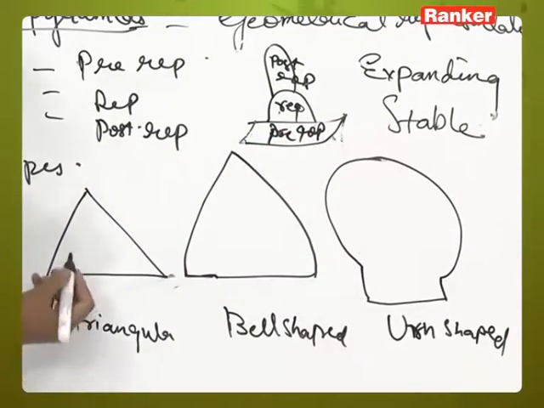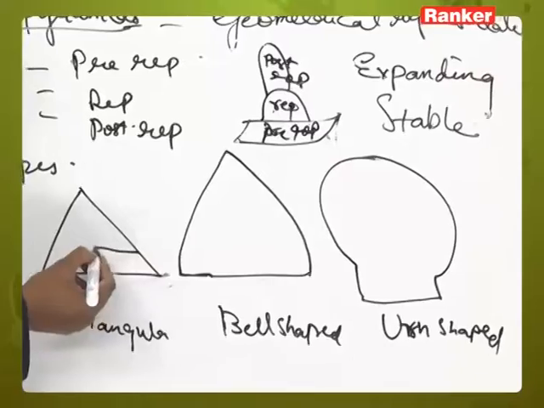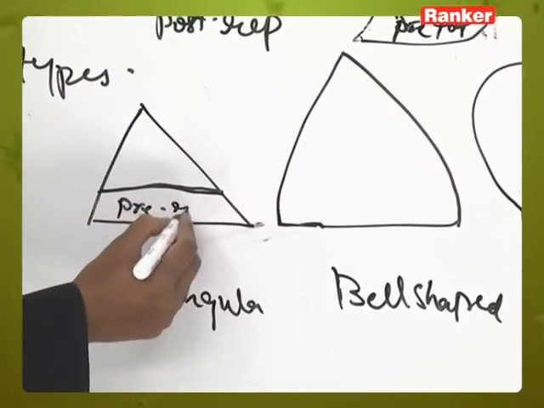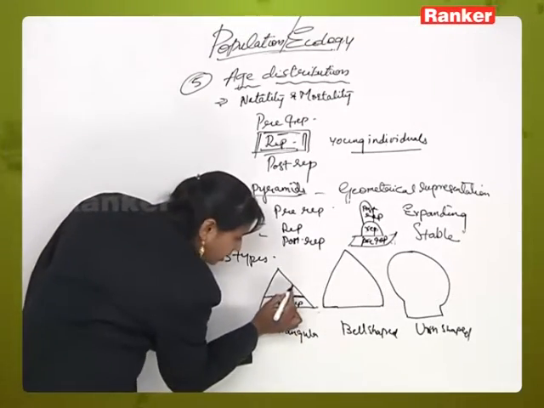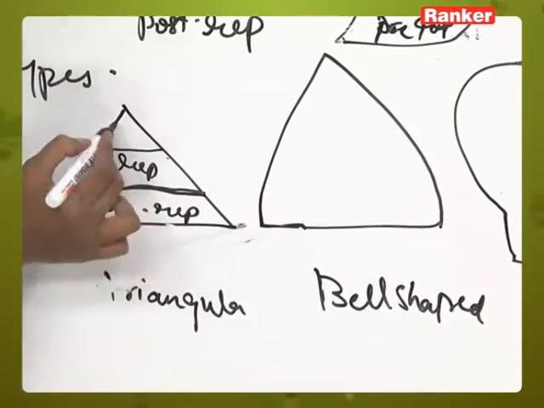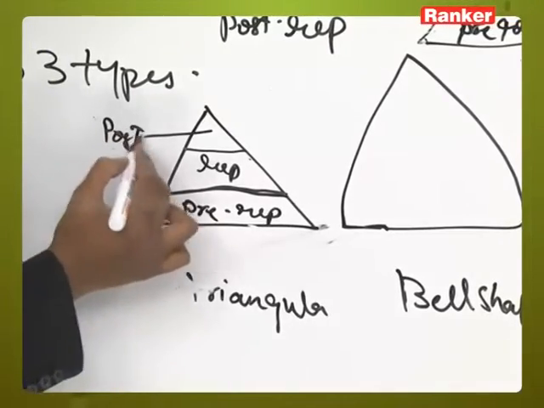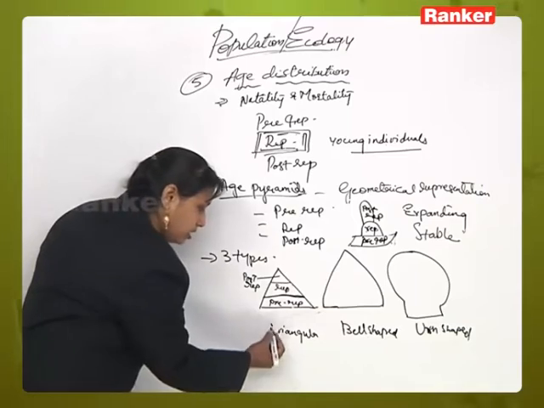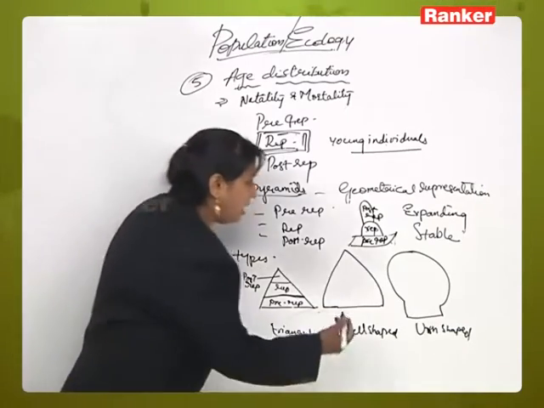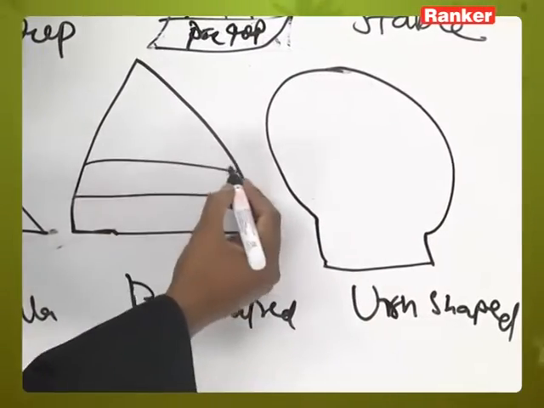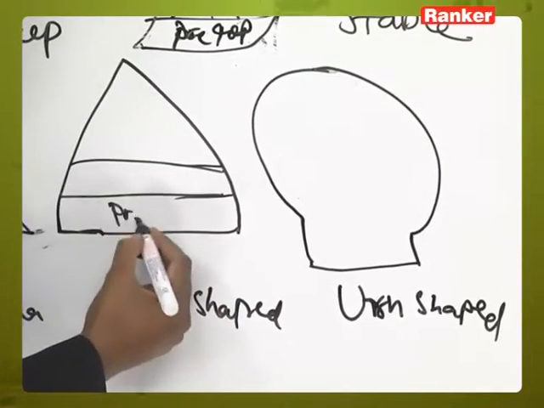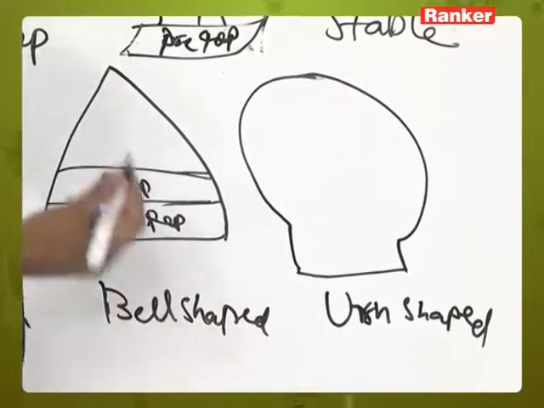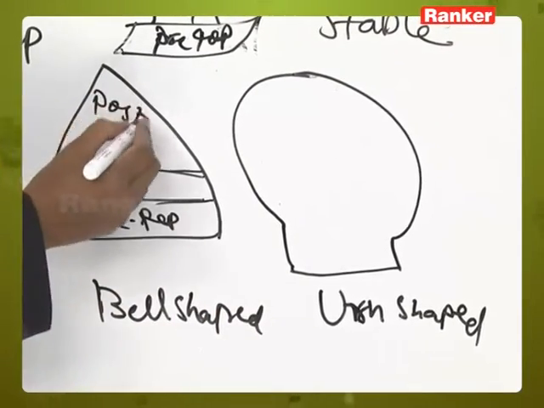Okay, now here in the triangular shape you will see more number of pre-reproductive phase and reproductive phase and less number of post-reproductive phase. Okay, the population growth is high at the younger individuals here. Okay, next bell shaped, here you will have equal proportions of pre-reproductive stage, reproductive stage, and post-reproductive stage.